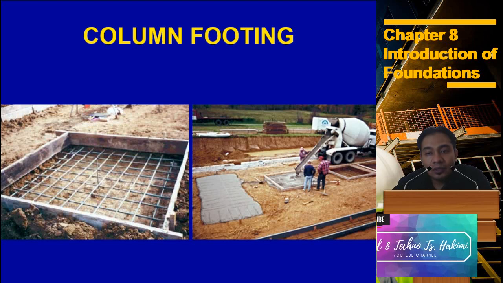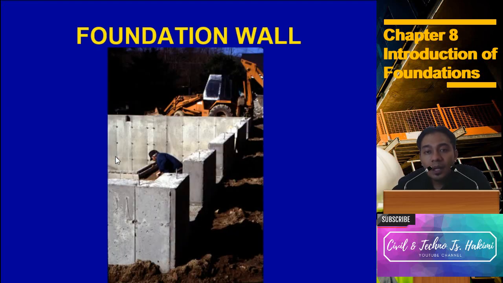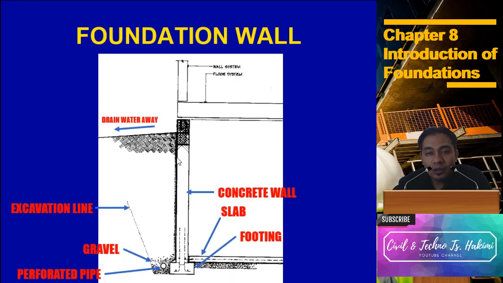This is column footing. You can see here, at the center of the footing we can construct the column footing or stump, what I call the stump here. This is the footing foundation wall, for example.